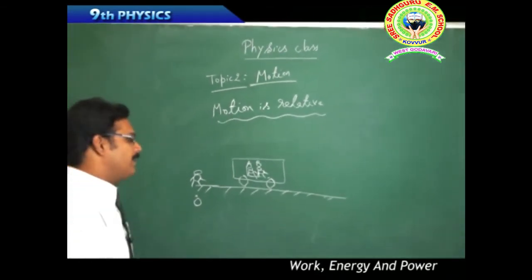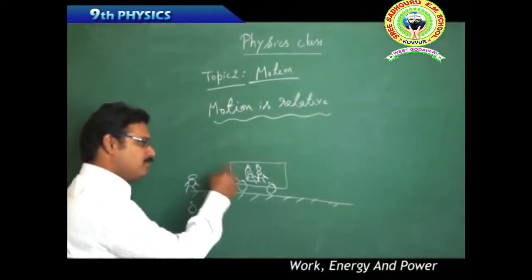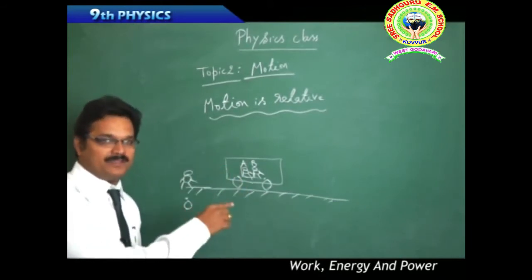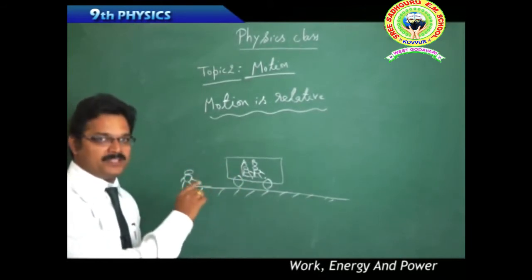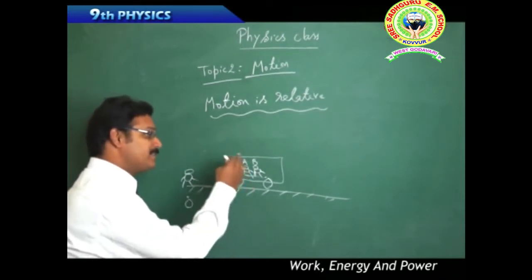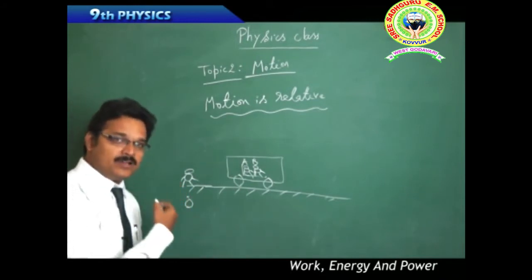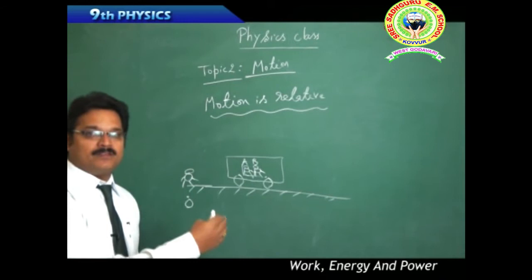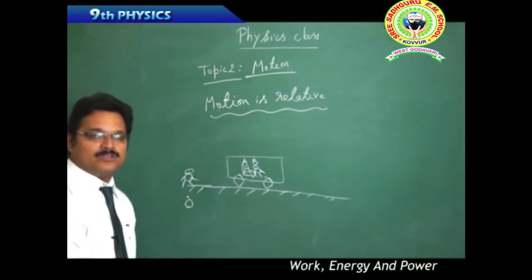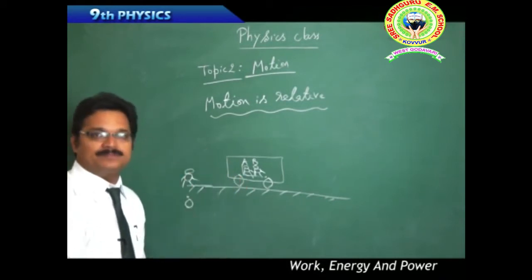Now, according to passenger A and passenger B, both are moving in the bus. So inside the bus, all the passengers are also moving. But according to passenger A, he believes that passenger B is at rest because he's sitting next to him and has been with him for a long time. At every instant of time, he is seeing the person sitting next to him. So he believes that passenger B is at rest.